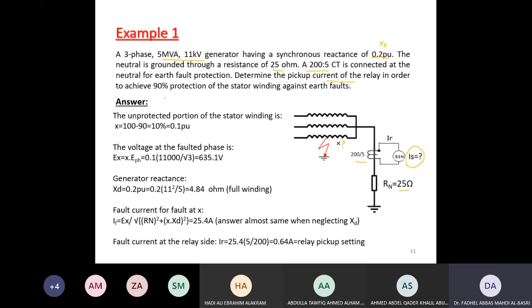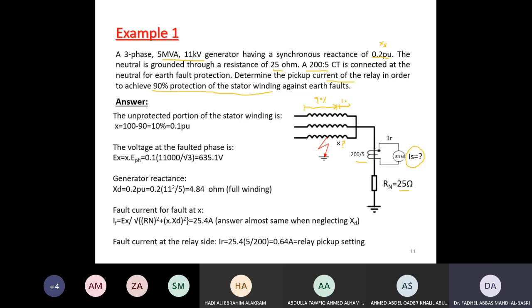Okay, in order to achieve 90% protection of the stator winding, I want to protect up to here, up to 90% of this winding, which means it will be detected by this. So I will be left with the remaining 10%, which will not be detected by this.